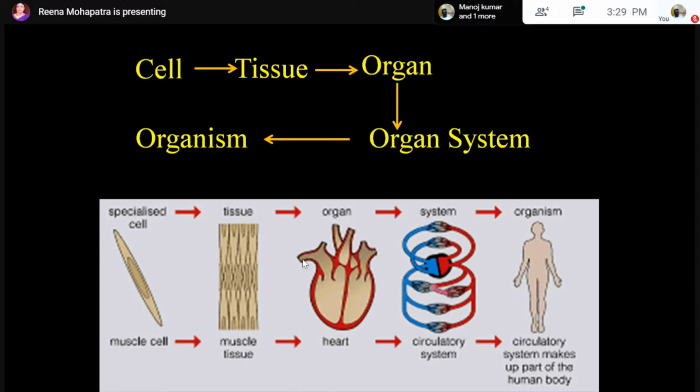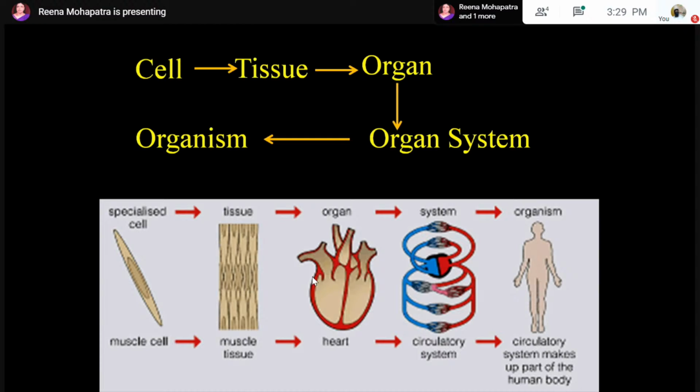You can find here a single muscle cell, which is thin and narrow. They group together to form muscle tissue. Muscle tissue is made up of several muscle cells. And a special type of muscle tissue, cardiac muscle tissue, together forms the heart. Right.